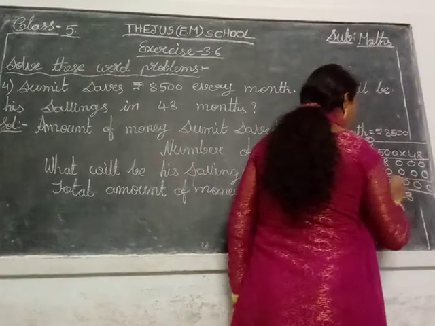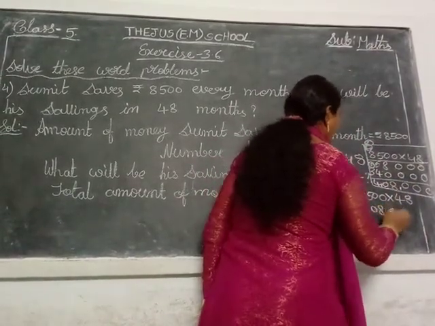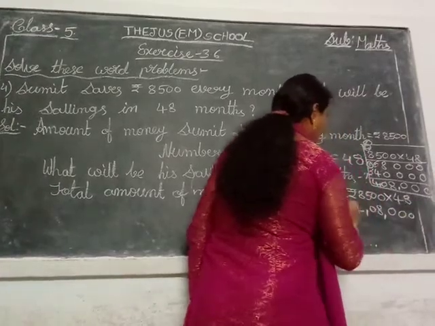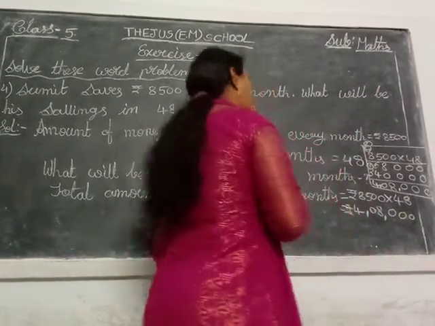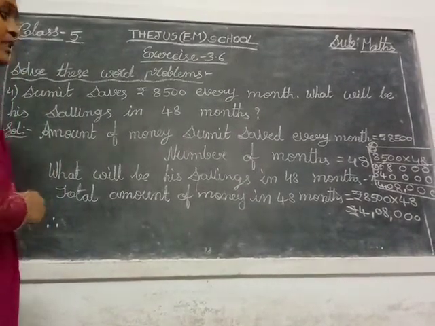So 4,08,000 rupees. You mention the rupees symbol also in the answer. Okay. Therefore, to write the conclusion, how much amount, children?